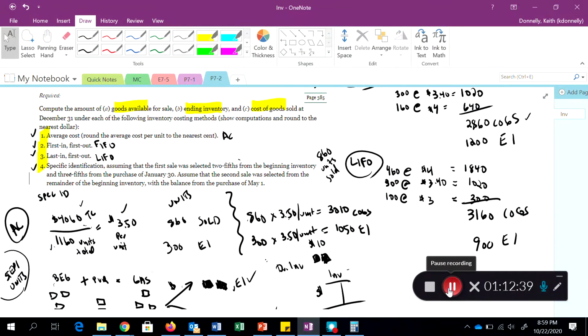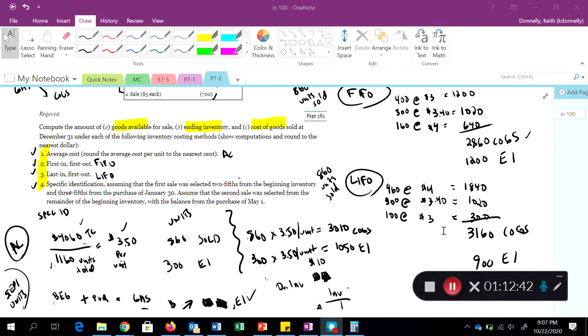So when we look at this, it says specific ID, assume that the first sale was selected 2/5 from the beginning inventory and 3/5 from the purchase of January 30th. So actually, let's reverse this just to make it easier.